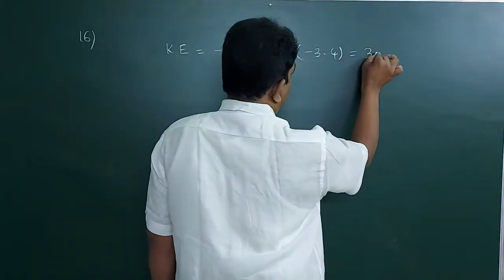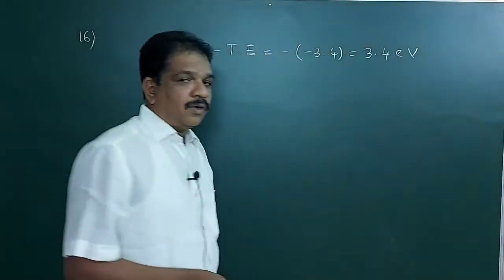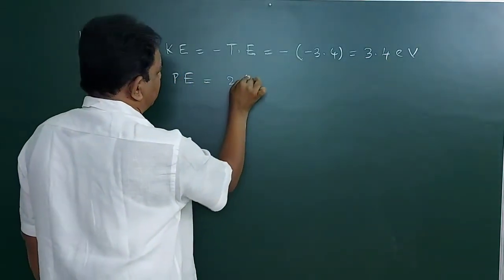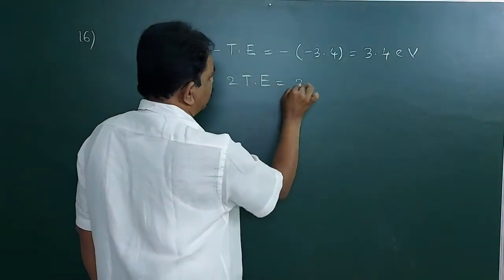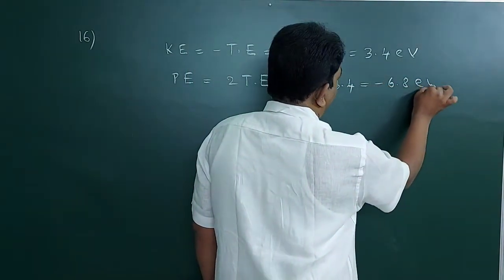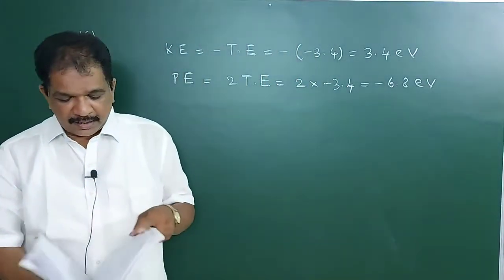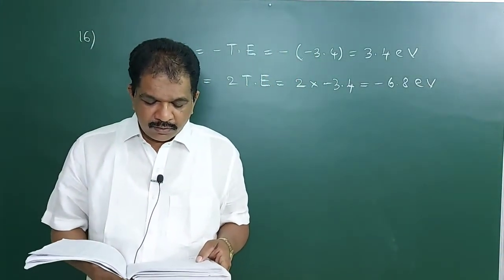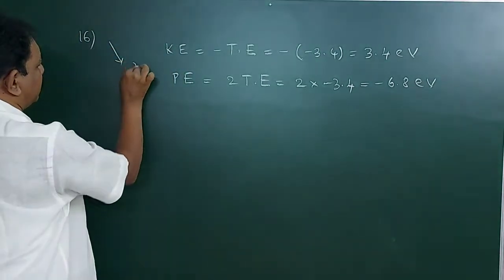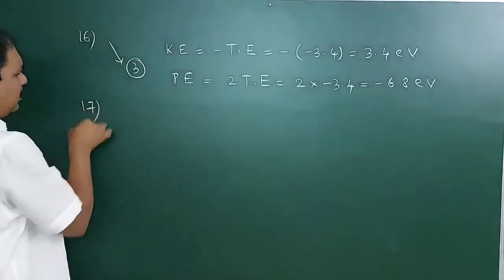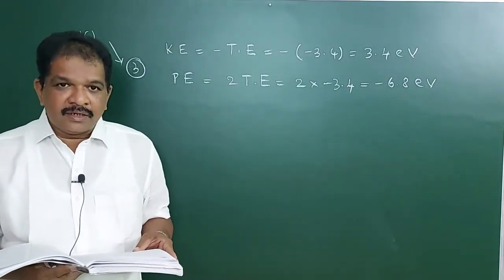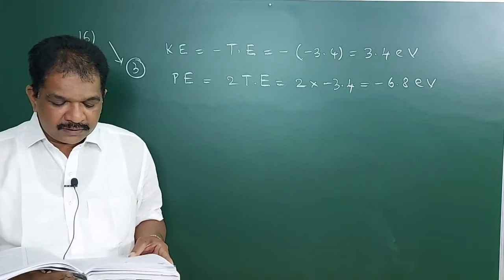So KE is equal to how much? 3.4 electron volt. Potential energy is equal to 2 times of total energy. 2 into minus 3.4, minus 6.8 electron volt. So 16th it will be third option.